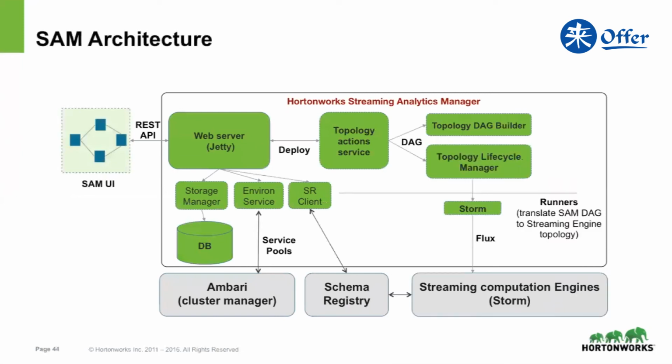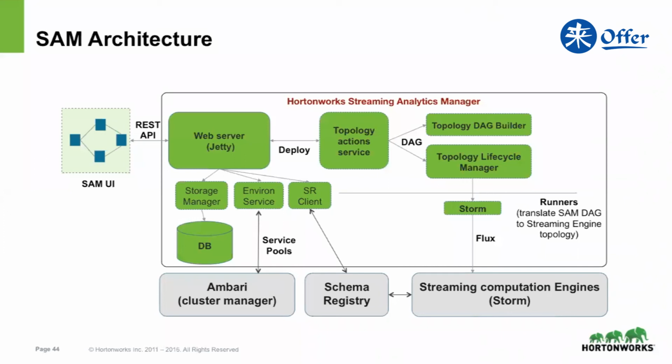To talk about the SAM architecture, it's a simple web server, Jetty. You have the UI that we showed right now, which is on the Jetty server and has a storage manager. The first thing that we did is build the clusters, right? You need to have all these clusters that we are pulling in. That is where Ambari comes into play. We also have an integration with Schema Registry, because we want to express the schema beforehand.